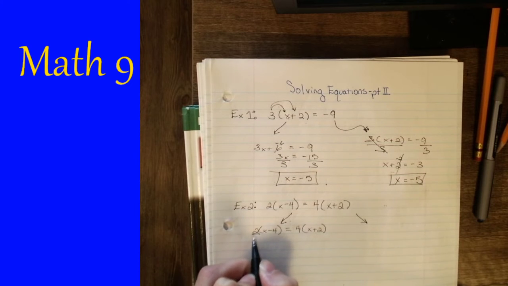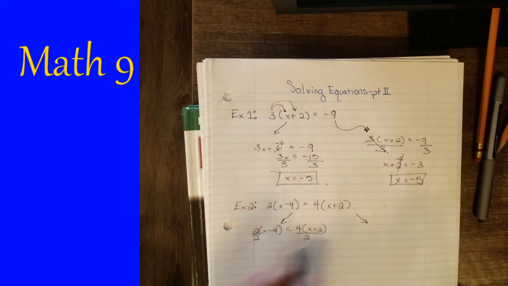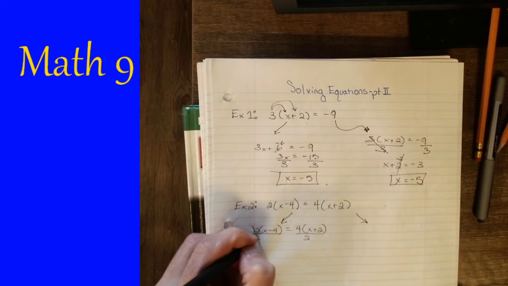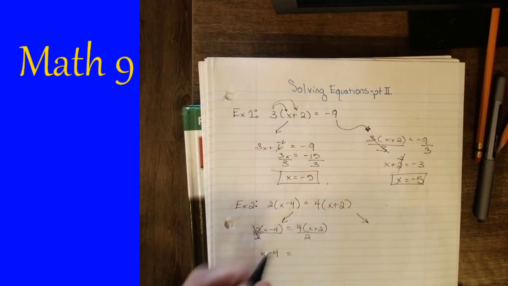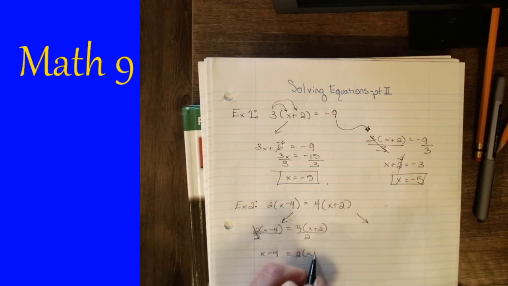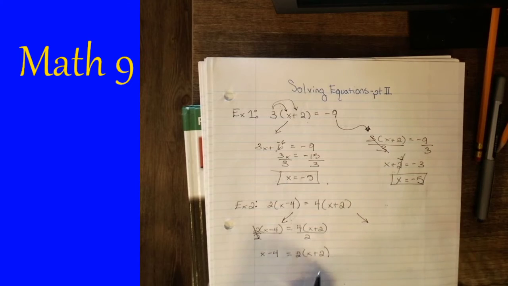I'm going to divide everything by 2. That's going to cancel this. I'll be left with x minus 4. Over on the right side, well, what's 4 divided by 2? Now that shows up in front of the x plus 2.